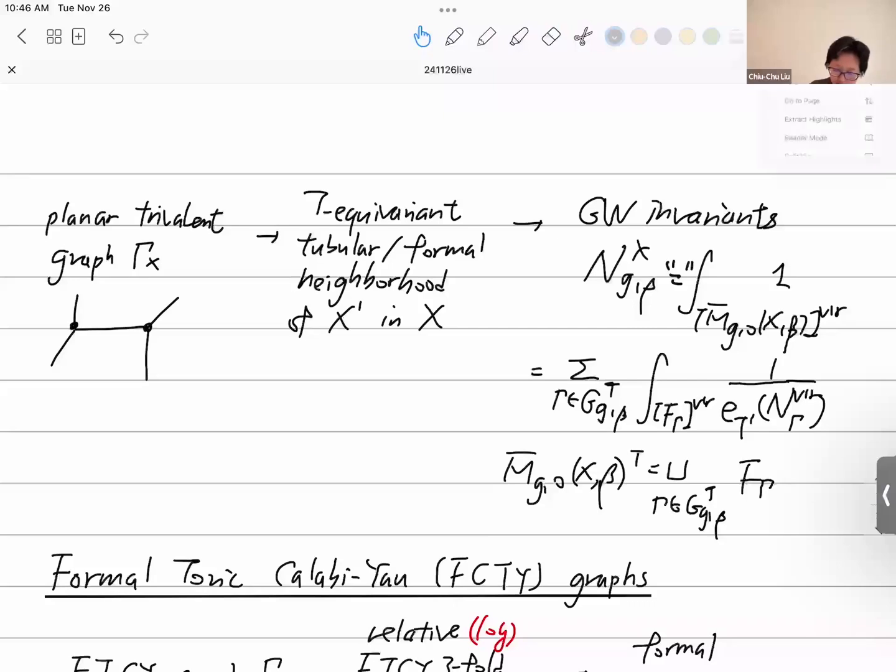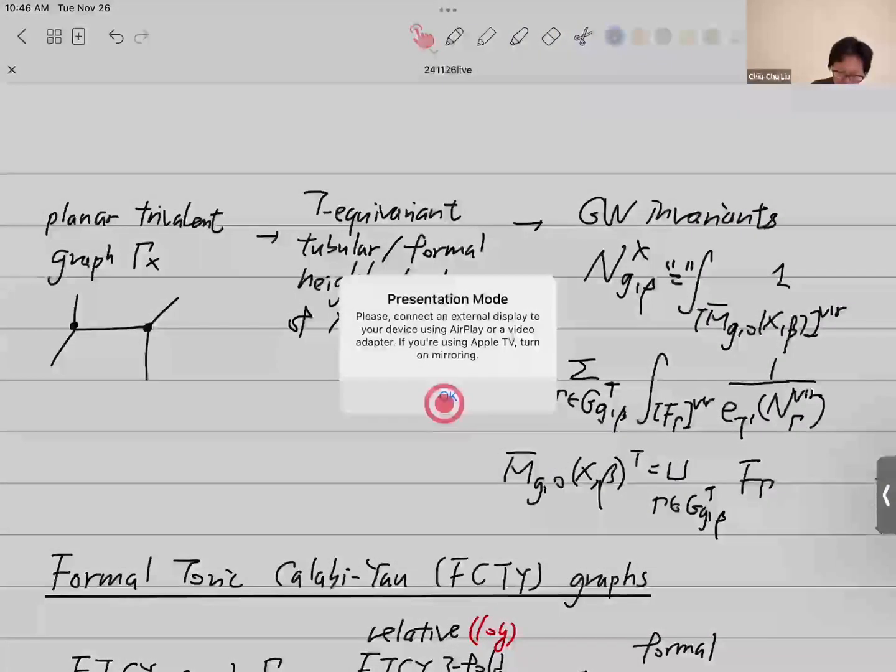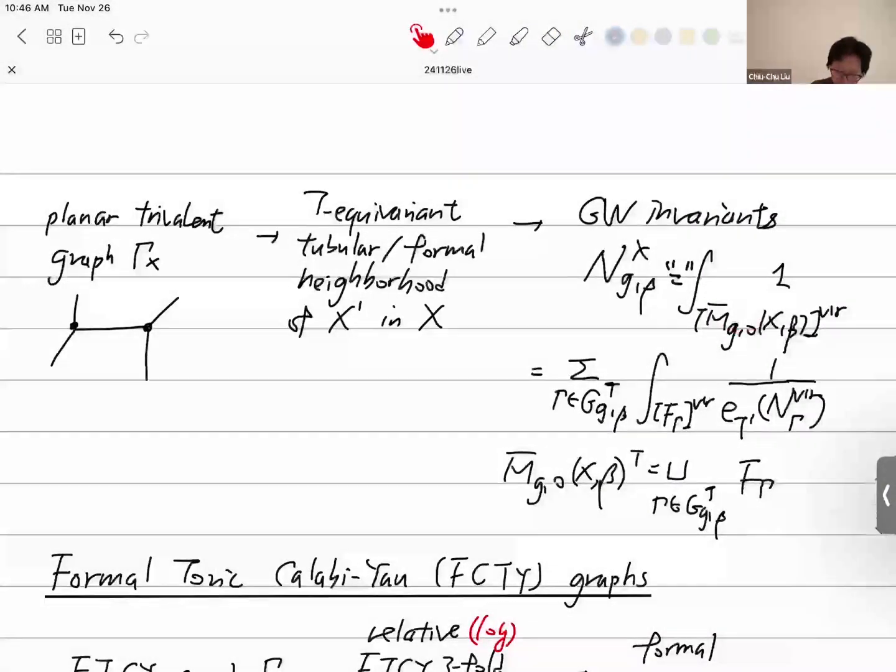But in general, suppose it's defined, then we can compute by localization, as a sum over connected components. In general it is not defined, but we use this to define the invariants.